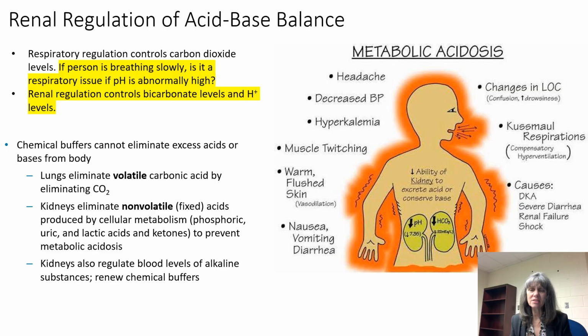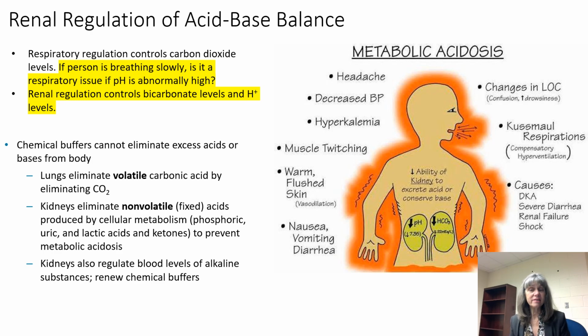And usually the causes of metabolic acidosis are due to the ability of the kidney having been decreased, so it cannot get rid of acid, nor can it conserve base. So that's usually the big cause of metabolic acidosis, is going to be something that's affecting the kidneys.